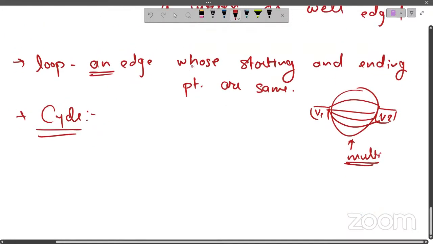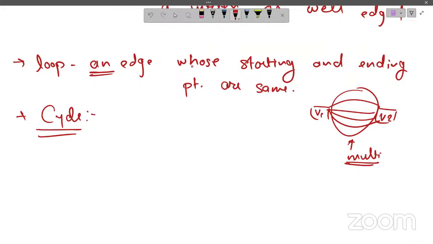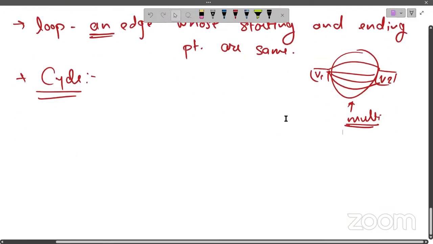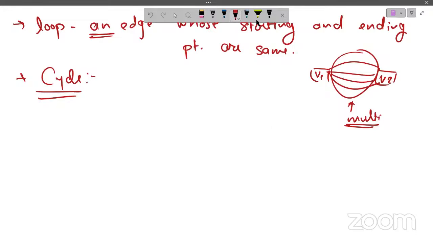For example, if you want to build a network in your house, from one circuit to another circuit only one wire is sufficient. You don't need to put separate wires. You're getting my point, right? Yes, ma'am. So that's multi-edges.